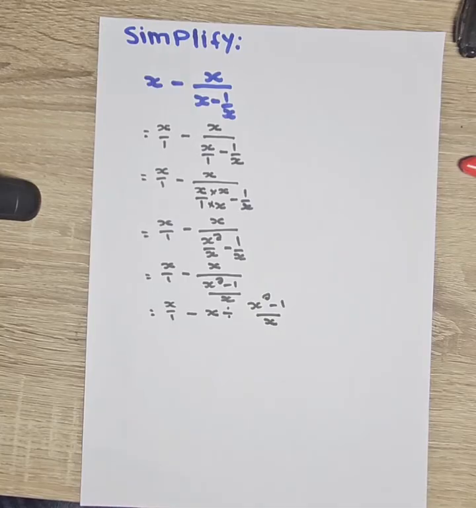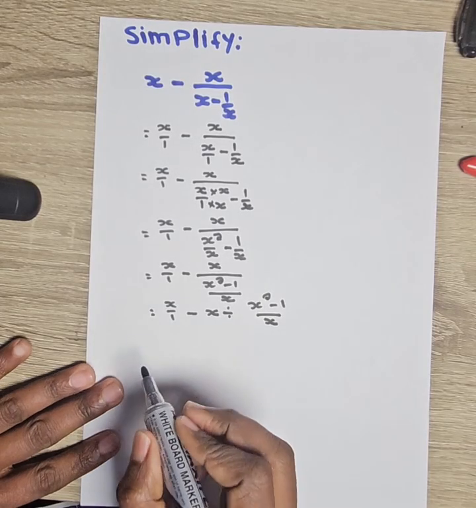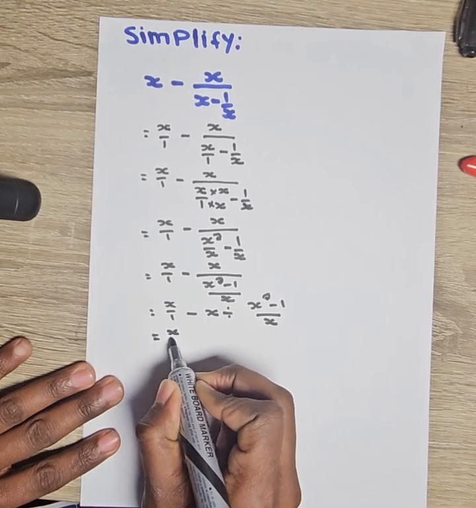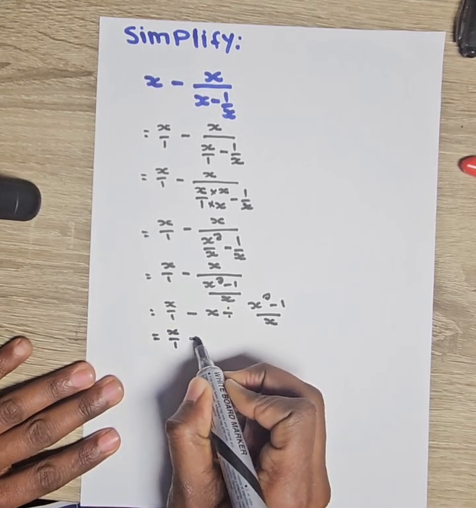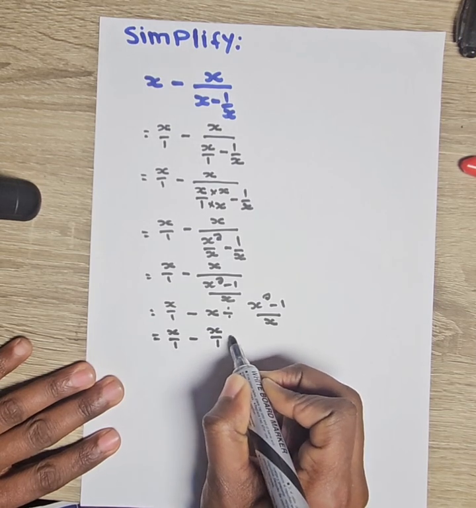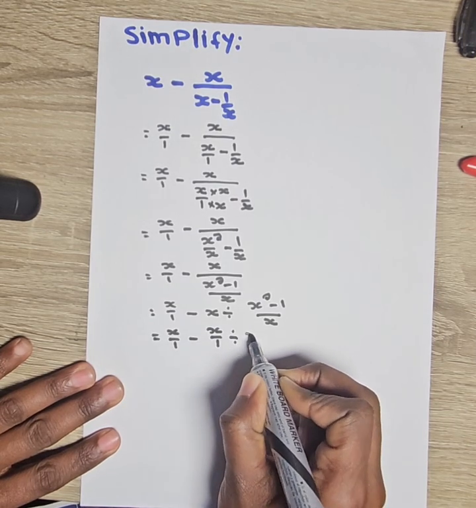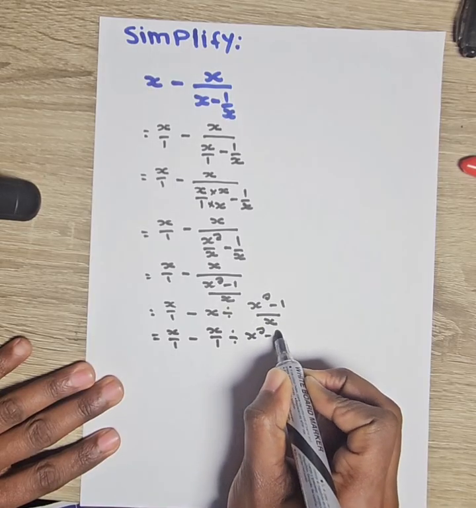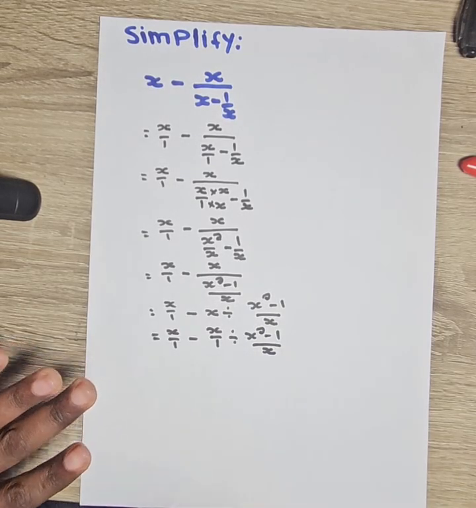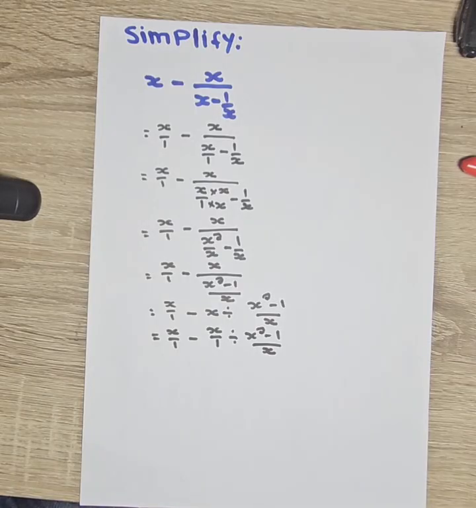Now you make things clear. What you are going to do is say this equals x over 1 minus x over 1 divided by x square minus 1 over x. Now you have just subtraction and division.